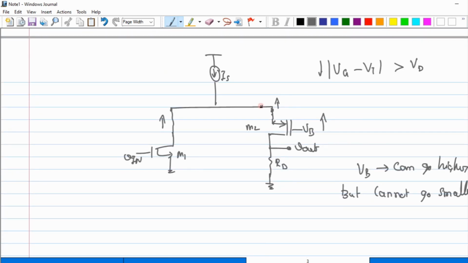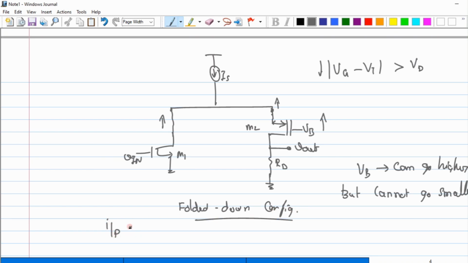And the configuration that I've drawn here is known as folded down, okay? So for this folded down configuration, we have an input device which is an NMOS.